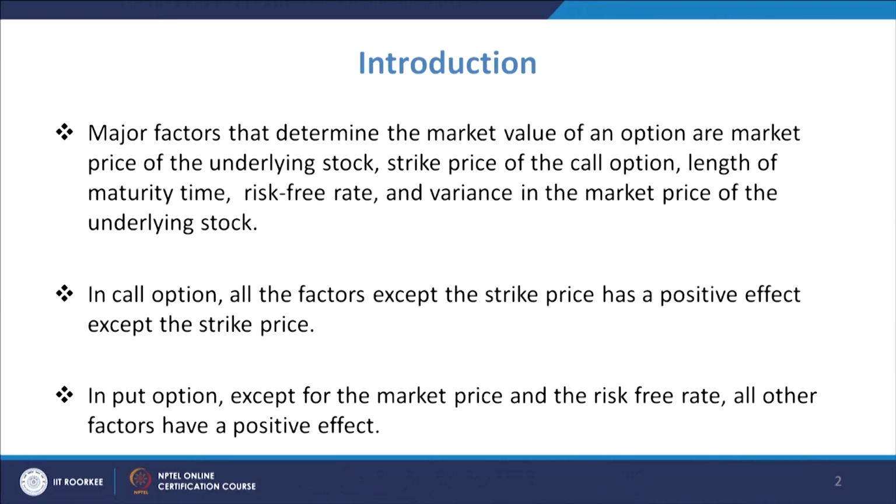They are the price of the underlying stock, that is the market price, known as MP; the strike price of the call option, that is SP; the length of the maturity time, which we normally denote by T; the risk free rate, denoted by RF; and the variance in the market price of the underlying stock, known as sigma MP square. Sigma square will be the variance for the market price.